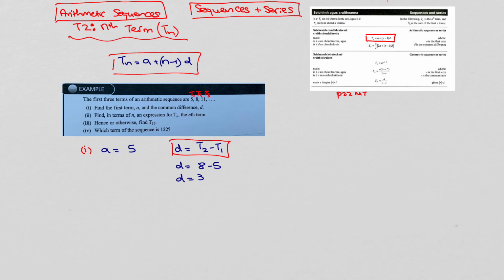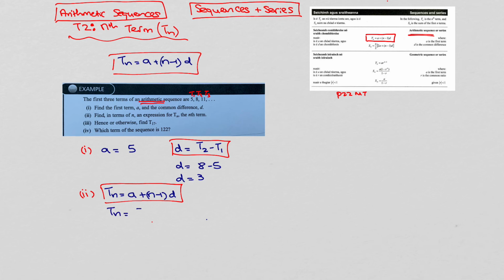So now we have our first term and we have our common difference, and we're told it's arithmetic, so we'd always underline that in our question. Then it says write down the nth term. The fact that I'm told it's arithmetic means I go to page 22 in my maths tables, I look at the arithmetic section, which is the middle part of that page, and I write down my formula for the general term, or the nth term.